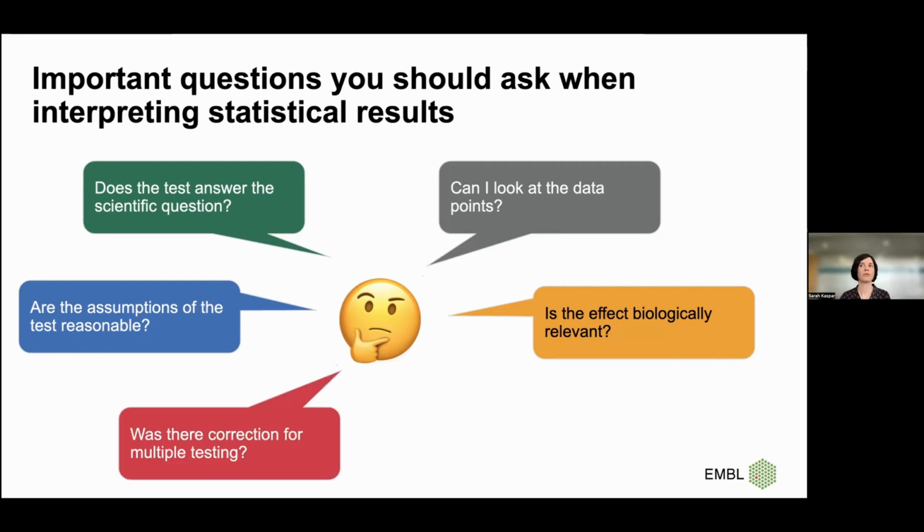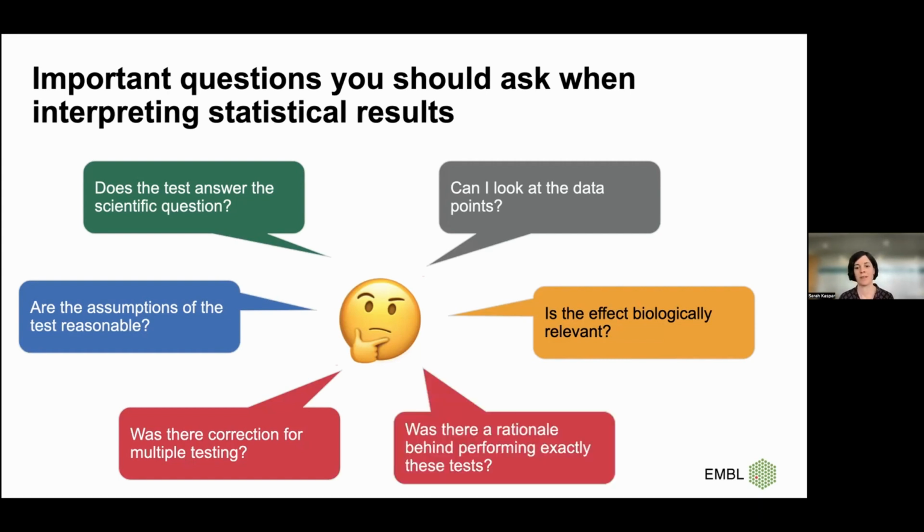Finally, if you're looking at large data sets, you should ask whether there was a correction for multiple testing, and if there was not, then you should ask whether there was a rationale behind performing exactly the test that you see in the publication. Because, right, if you have a big data set, you could do lots of tests, and yeah, I think sometimes it's easy to cheat by showing just the tests where something was found.